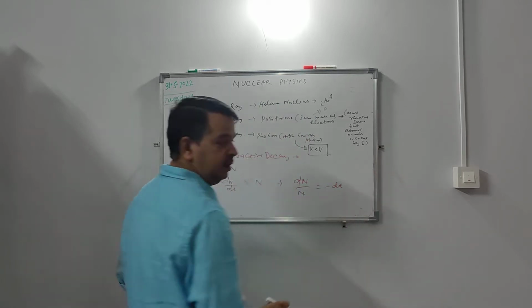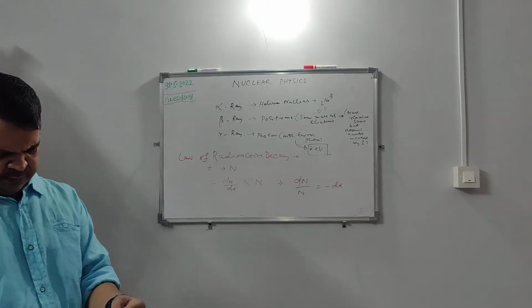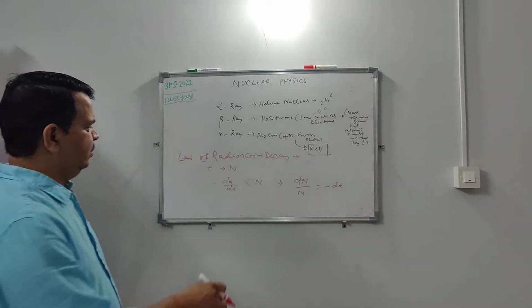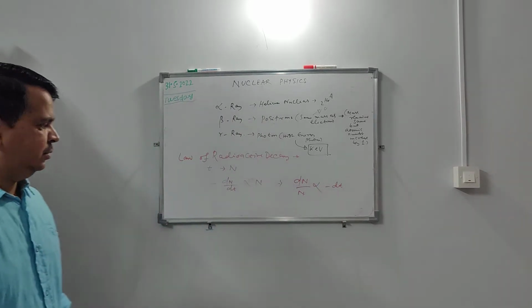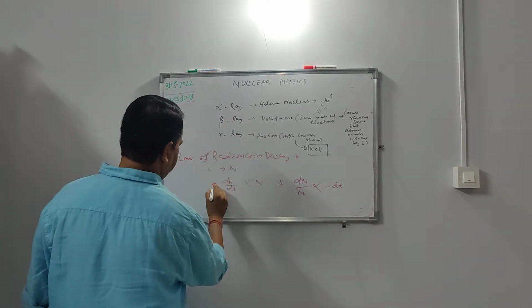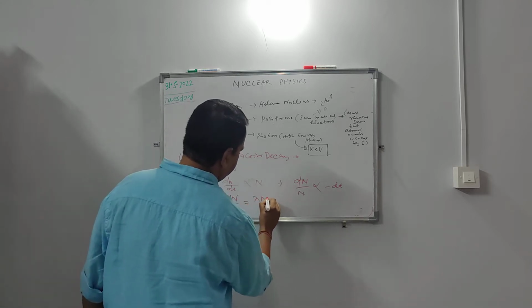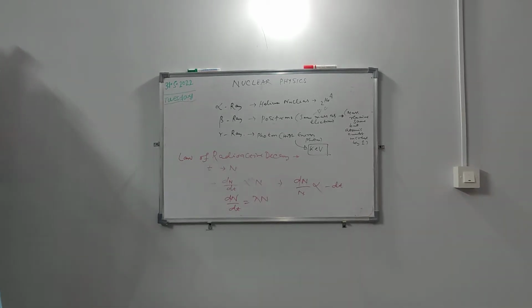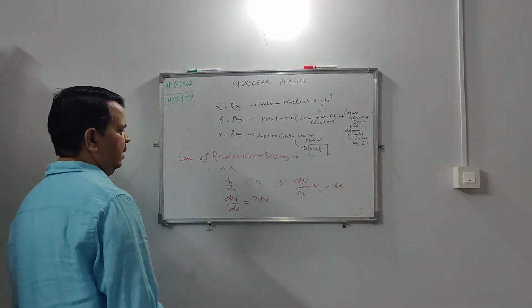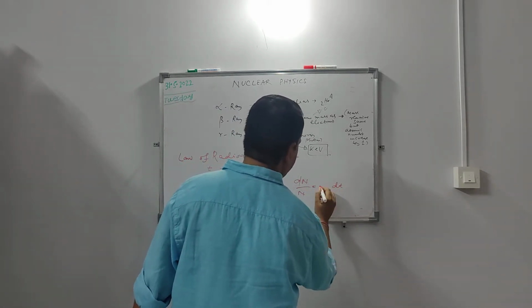So this equation you can write as dN by dt is equal to minus lambda N. There is a constant. When you want to change the proportionality sign to an equal sign, you have to multiply it with a constant. So your dN by N is equal to minus lambda dt.